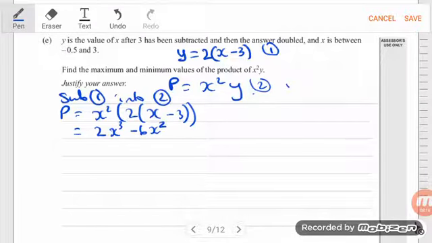There you go. So 2x cubed minus 6x squared. That's now P of x. We want to maximize or minimize, so let's differentiate. It's keywords. So P dashed of x is equal to 6x squared minus 12x.